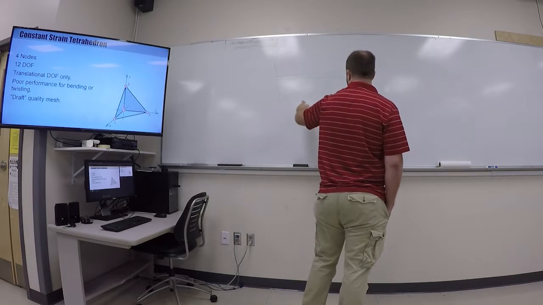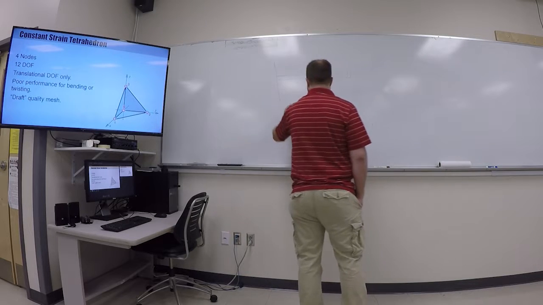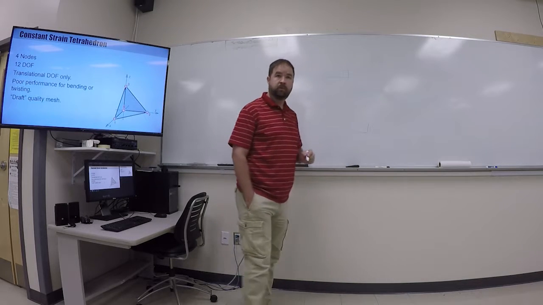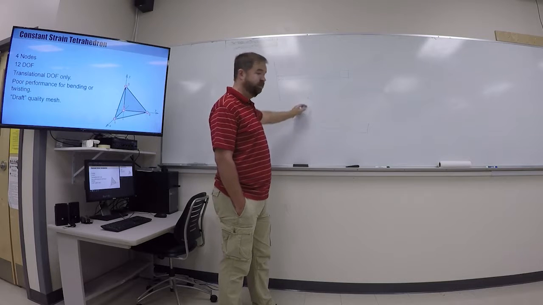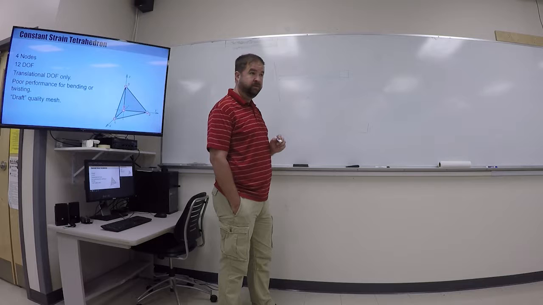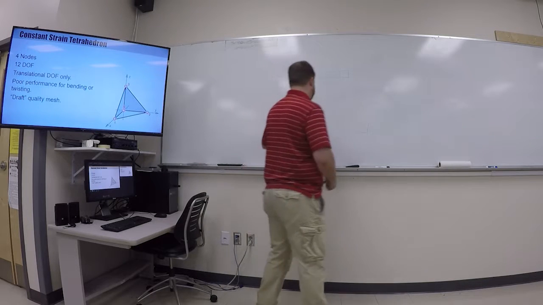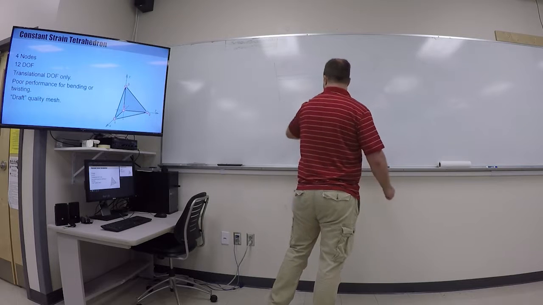In several of our assignments, we have used the tapered beam as an example of using these different element types and seeing how the results come out. Okay? If my beam is tapered, I was trying to draw that kind of as an isometric view.